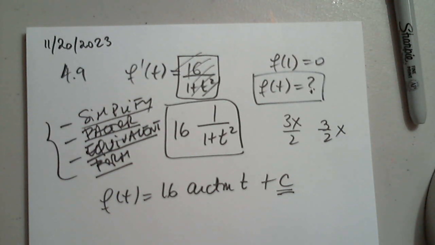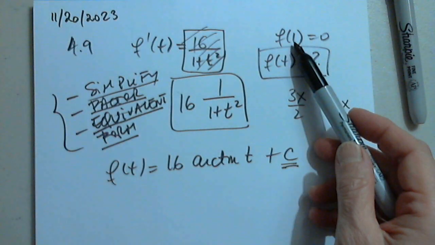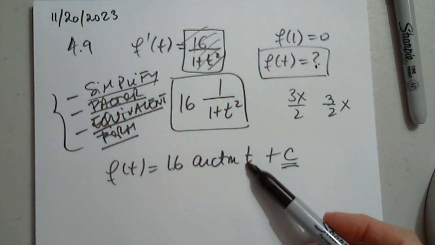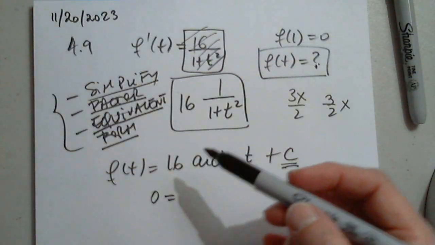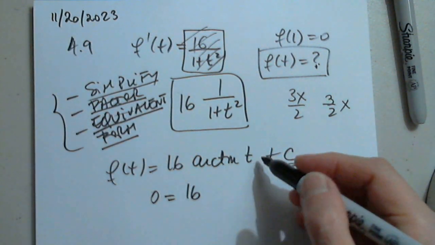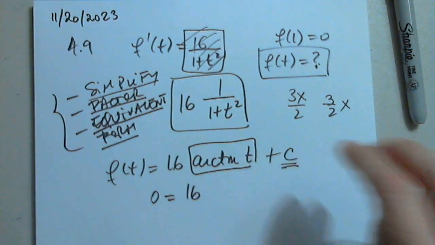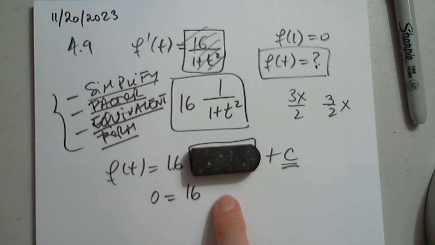Yeah, it didn't work. So now, in order to find c, all you have to say, well, when t is 1, the answer is 0. So 0 equals 16 arc tangent 1. Which angle has tangent 1?